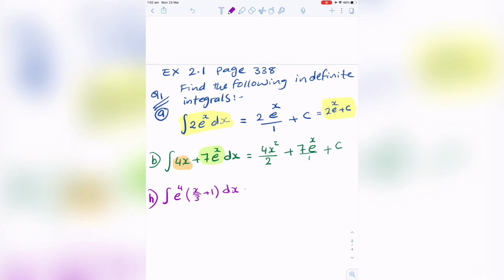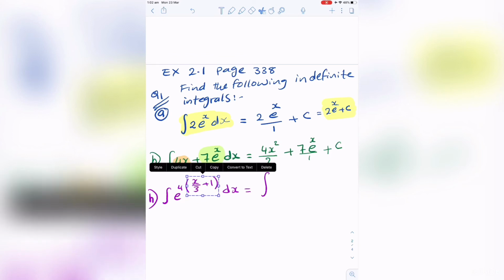So I will write this again as the integral of e to the power, and to make it clearer, the bracket is in the power, so it's a power for x basically.